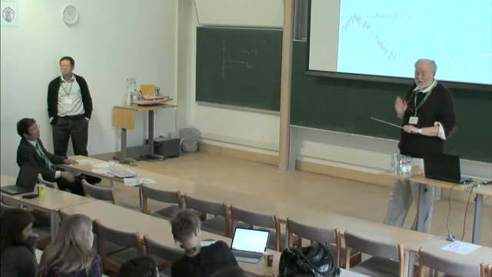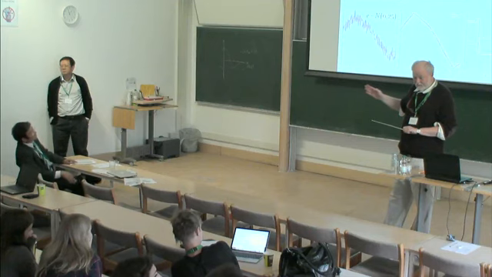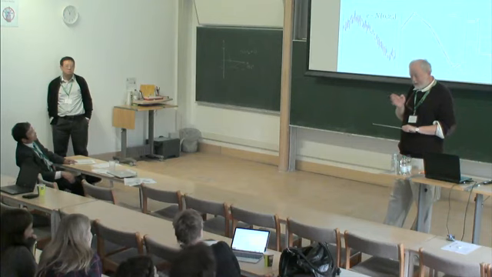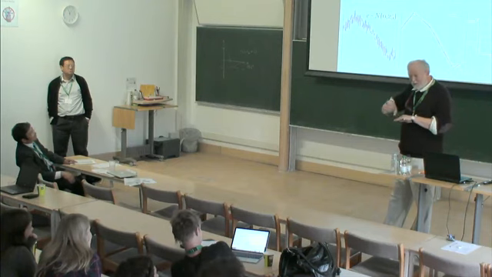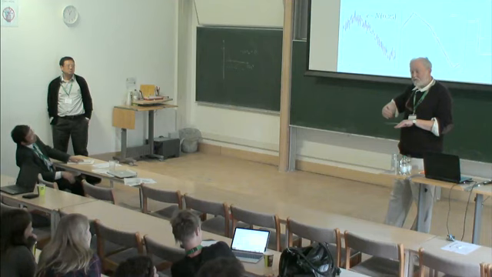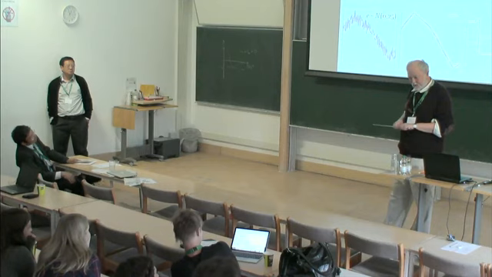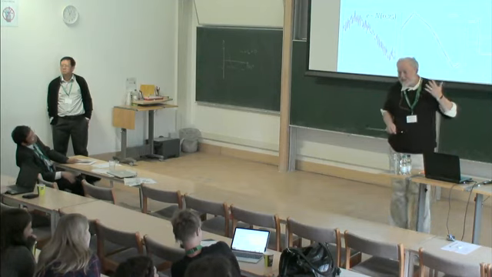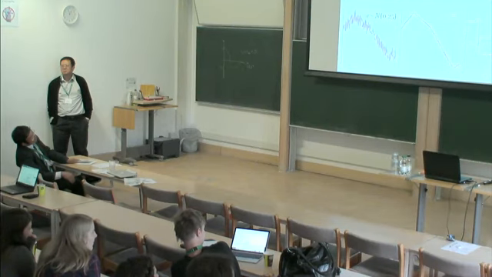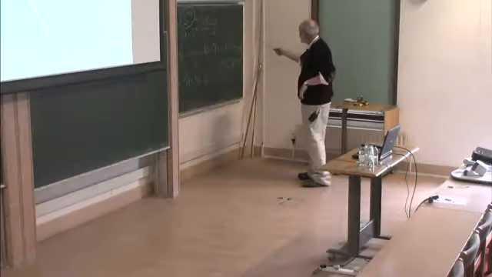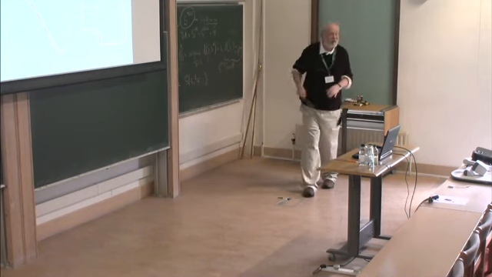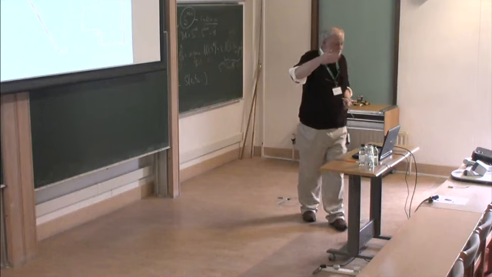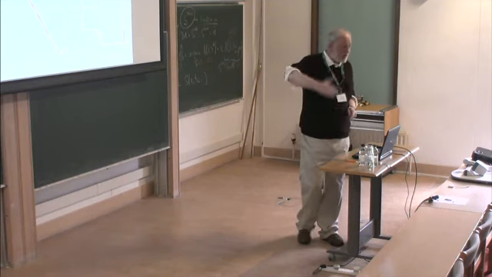But L1 only is not the answer, because L1 is the ROF. ROF is L1, and ROF is leading to too many jumps. So you have to do L1, but penalize many jumps. Somehow, for a long time we didn't know how to put in the penalty for many jumps, and sparsity does it for you. Sparsity tells you you are allowed k jumps.